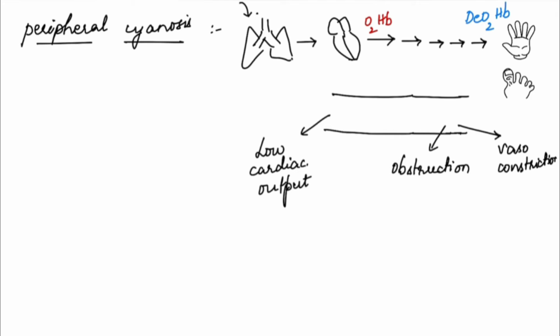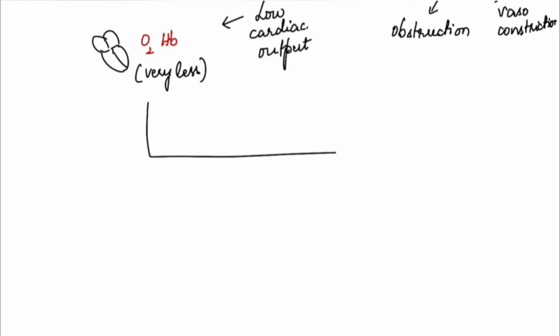When there is low cardiac output, the oxygenated hemoglobin which is pumped from the heart is very less in amount. So low volume is pumped out, and because it is very less in volume, by the time it reaches the distal part, the oxygen is already delivered to the tissues and only deoxygenated hemoglobin remains.